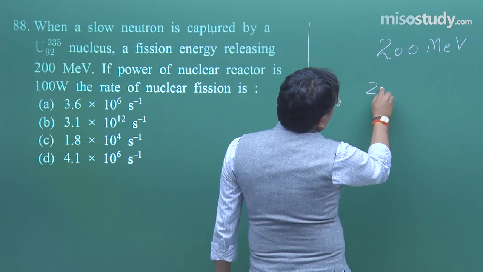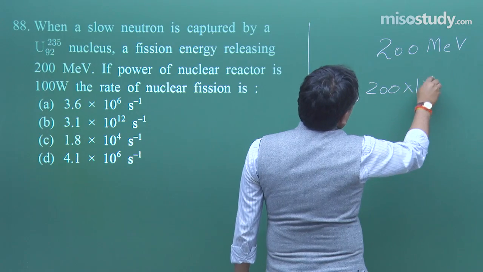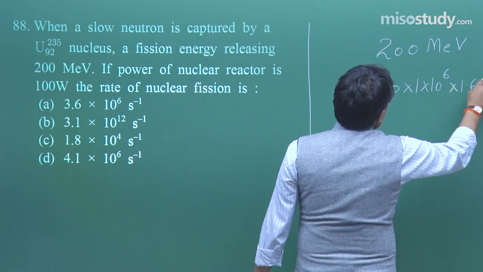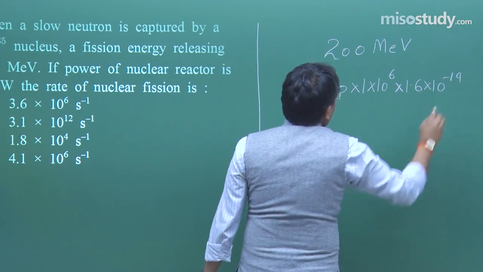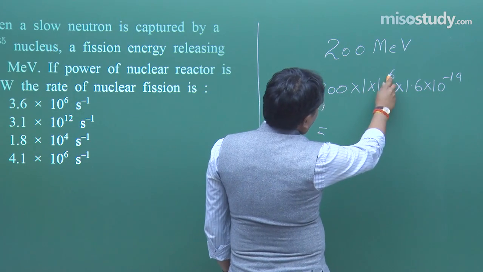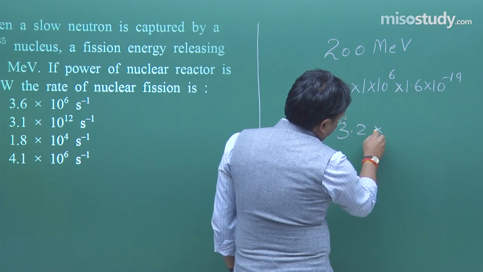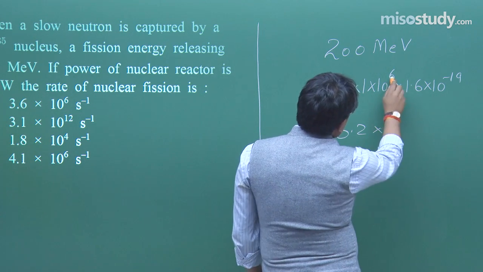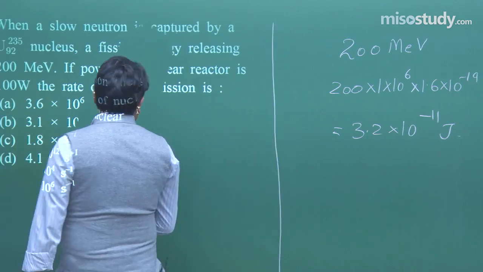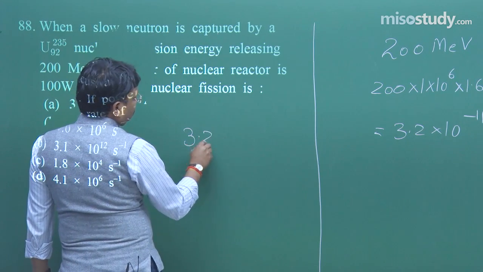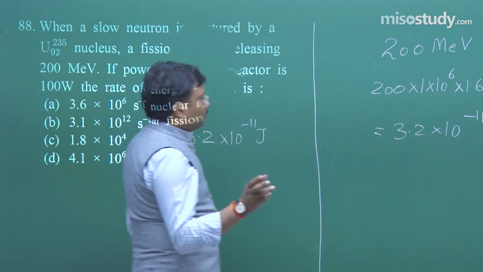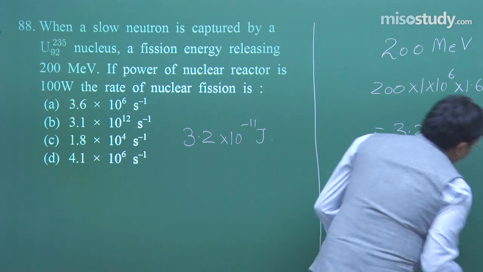So, it is 200 into 1 into 10 to the power 6, multiplied by 1.6 into 10 to the power minus 19, and it will give me the value in joule. So, it is 3.2 into 10 to the power minus 11 joule. So, each fission is providing me this amount of energy after each fission.